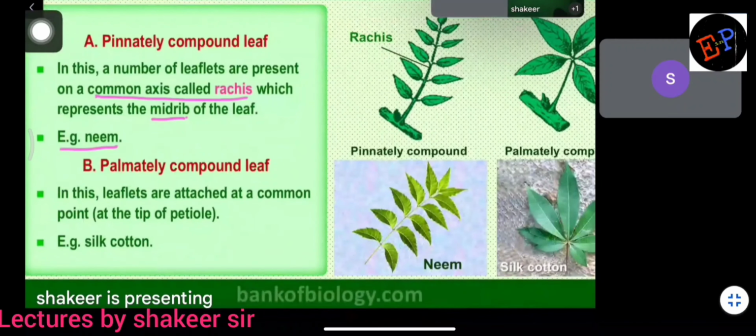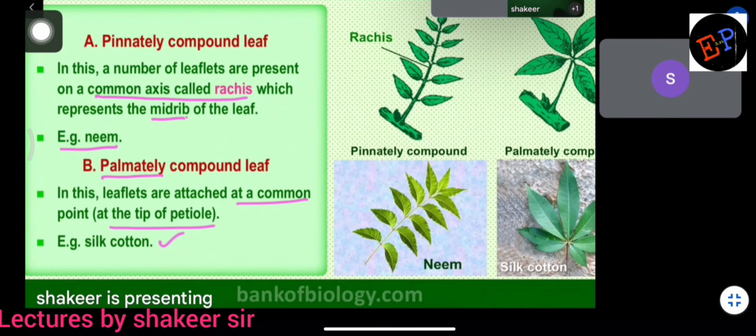Palmately compound: the leaves are attached at a common point, that is, at the tip of the petiole. There is one petiole originating from the stem, and at the tip of the petiole you can see many leaves surrounding it. This type of arrangement of compound leaf is called palmately compound. The example is silk cotton.